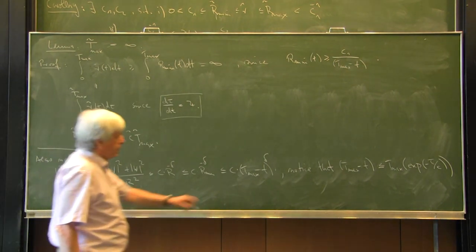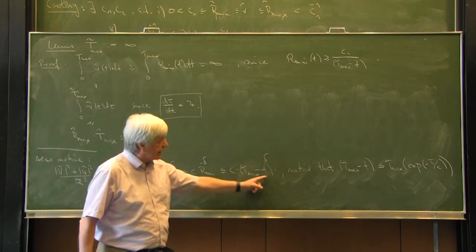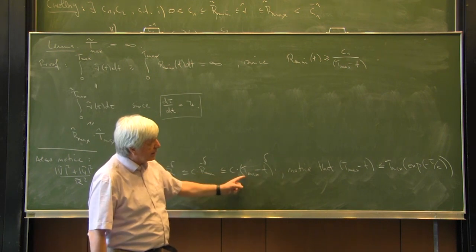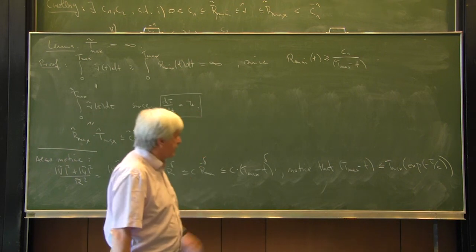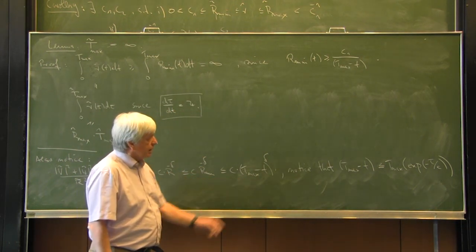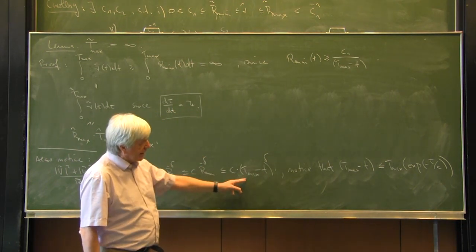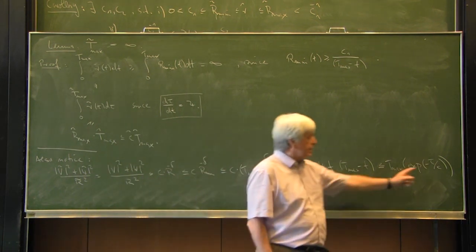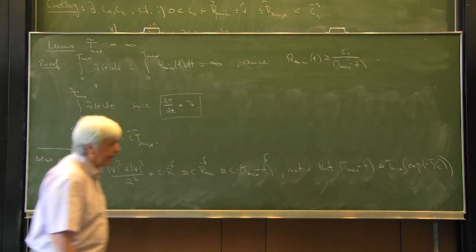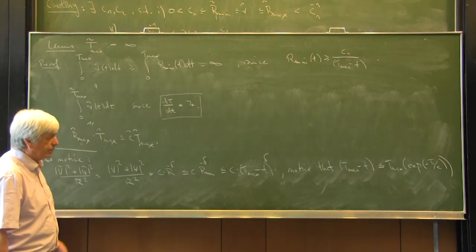So the power decay in the remaining time, because the new time variable essentially is a logarithm, translates into exponential decay in the tau variable.